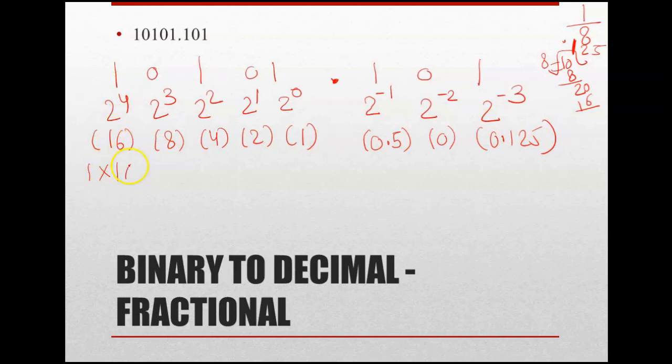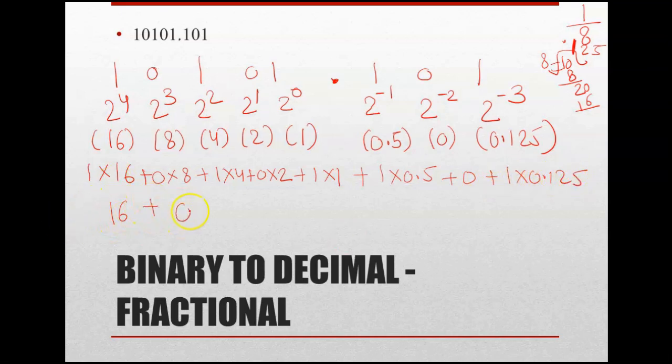Now the simple way is to go for the multiplication. It is 1 into 16 plus 0 into 8, which you can ignore, plus 1 into 4 plus 0 into 2, and then 1 into 1. The next is 1 multiplied by 0.5, plus 0, and plus 1 into 0.125.